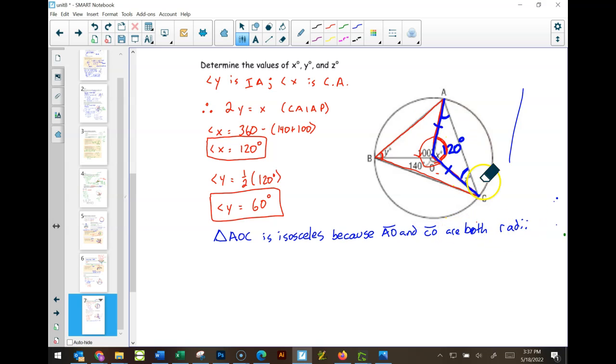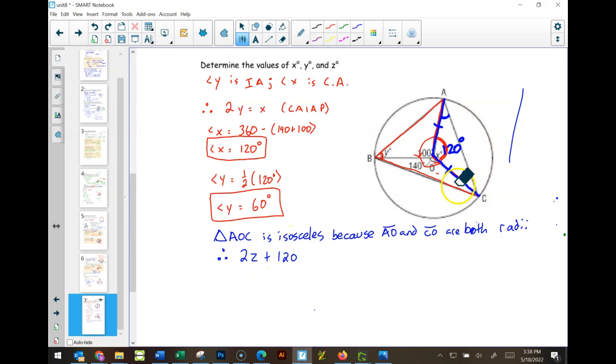So if those are both equal, and we know one of the angles, we know that 2 times Z is going to be equal to 2 times z plus the other angle, which was 140 or 120.